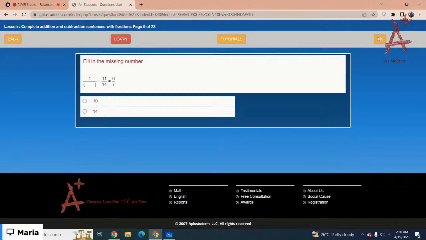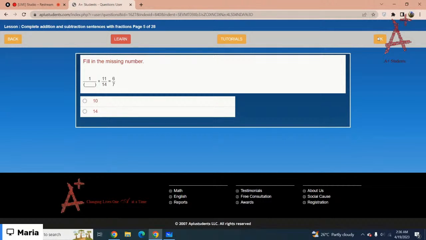Okay, 1 over missing number plus 11 over 14 equals 6 by 7. So which number is missing? It would be 14. Got it?